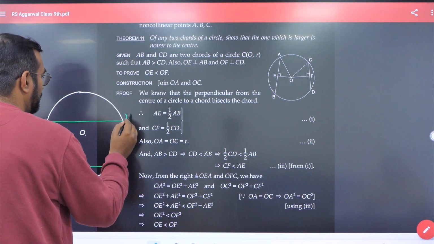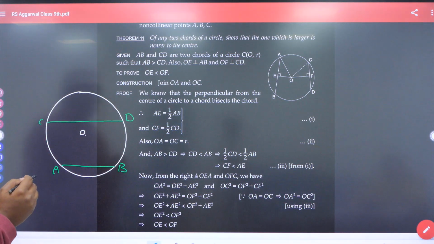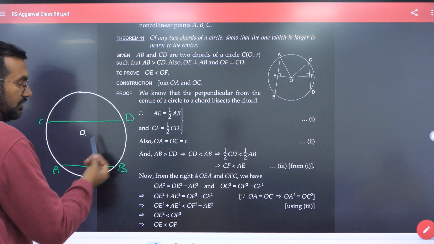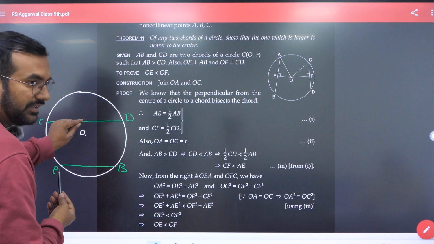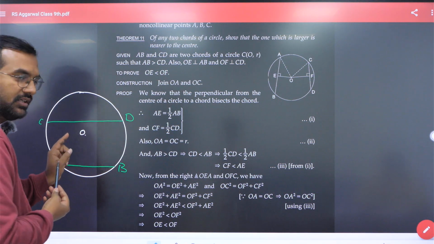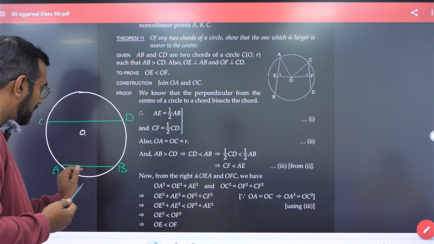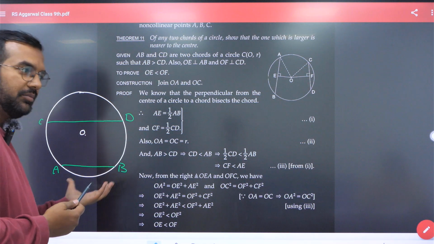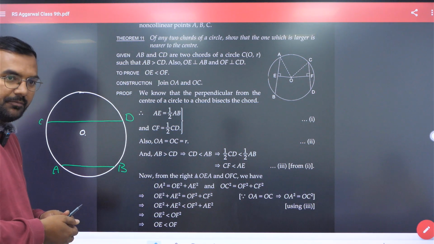It is saying that the one which is larger, you can see that CD is looking larger, that means CD is nearer to the center. The distance of CD from the center is smaller than the distance of AB from the center. Why? Because CD is greater than AB. So we have to prove it.